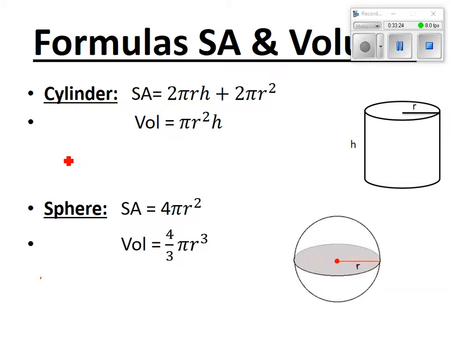For surface area of a cylinder, everybody find that one. It's right here, right? You might want to write some stuff in here. That's up to you. I'm not going to beg you to write stuff in, but I would highly suggest that you write stuff in.